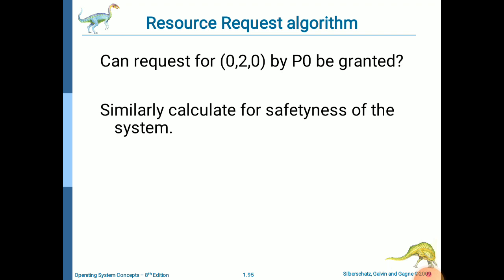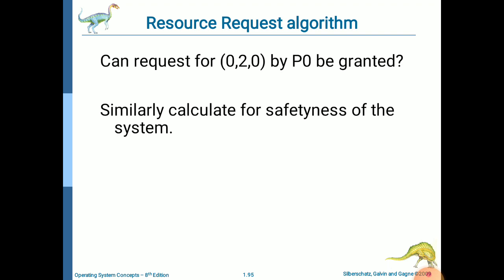So this is the resource request algorithm, and this is how it works. Even after allocation, by pretending the request has been allocated, we check the safety of the system. If it leads to safety, then it can be granted. If it is not leading to safety of the system, then it is denied.